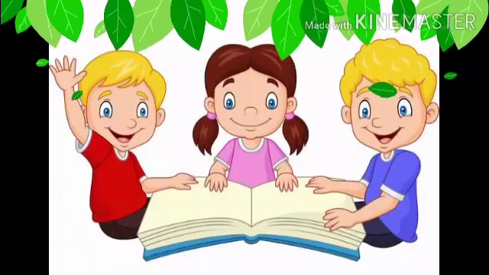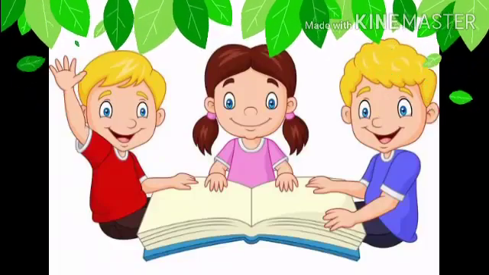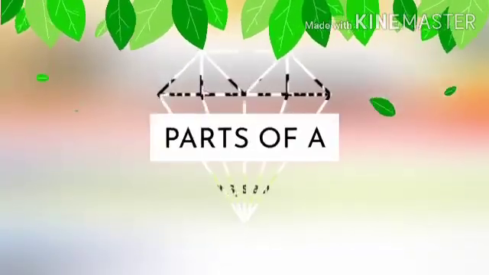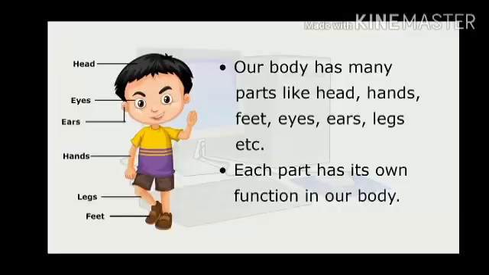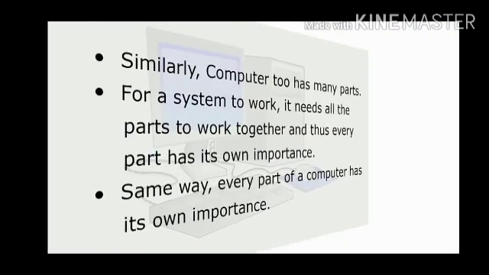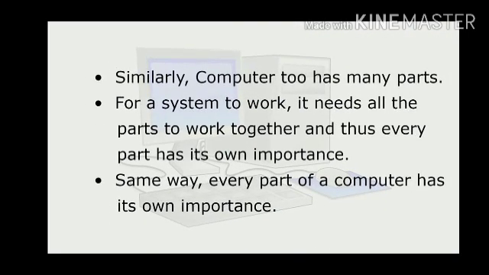Today in this video, we will start our second chapter, that is parts of a computer. Before starting the chapter, here you can see the picture of our body that has many parts like head, hands, feet, eyes, ears, legs, etc. Each part has its own function in our body. Similarly, computer too has many parts.